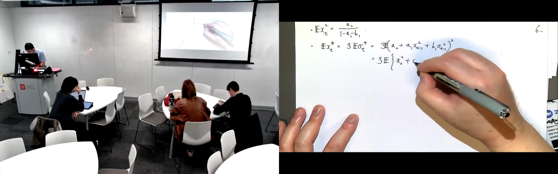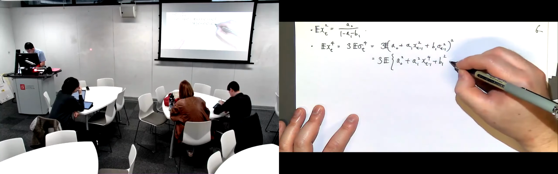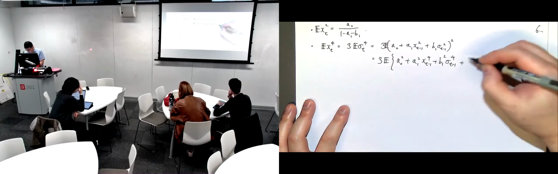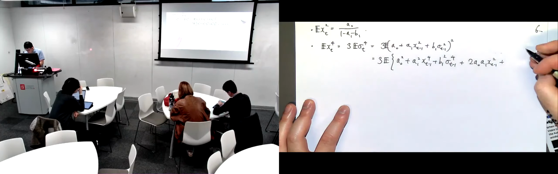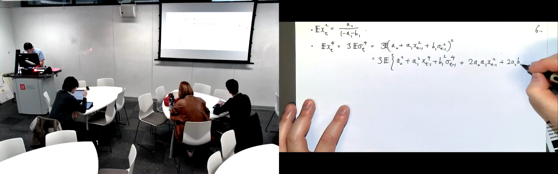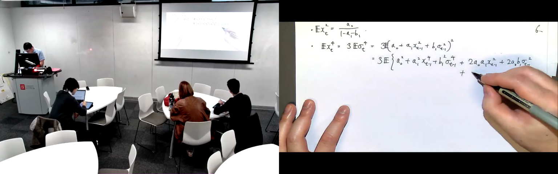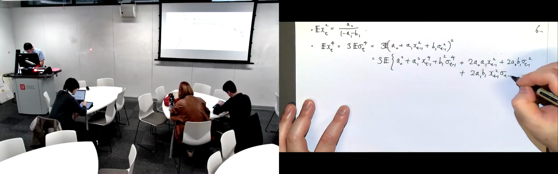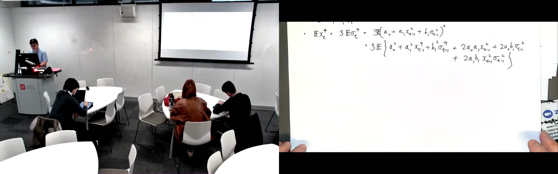A naught squared plus A1 squared Xt minus 1 to the power 4 plus B1 squared sigma t minus 1 to the power 4 plus all the cross terms, right? 2 A naught A1 Xt minus 1 squared plus 2 A naught B1 sigma t minus 1 squared, and then finally plus 2 A1 B1 Xt minus 1 squared sigma t minus 1 squared, okay? So there's no other way to avoid this tedious expansion.